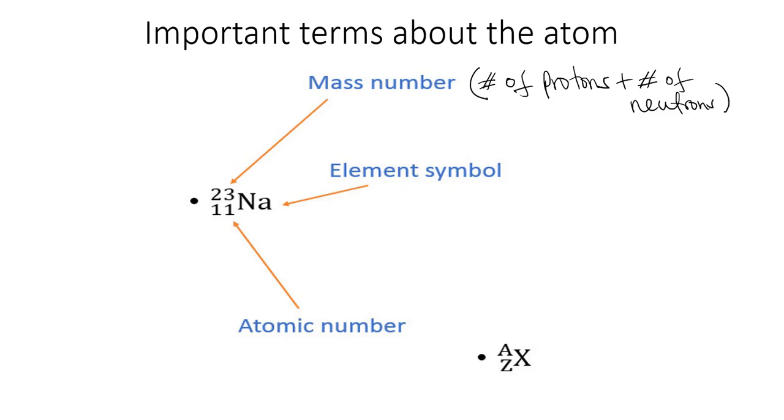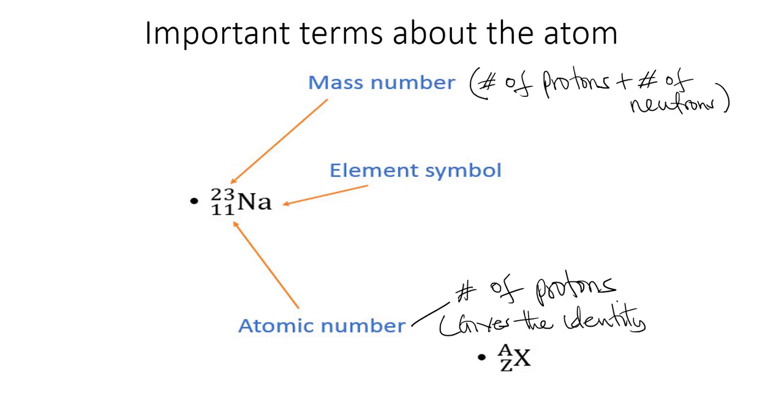Atomic number. Atomic number is the number of protons. Atomic number is important because it gives the identity of an atom. So the atomic number gives the identity to an atom.